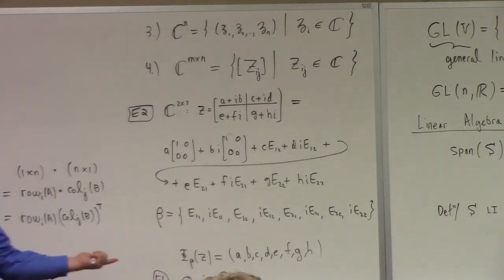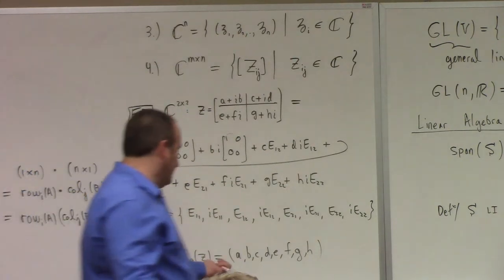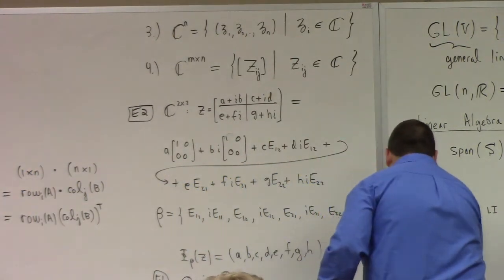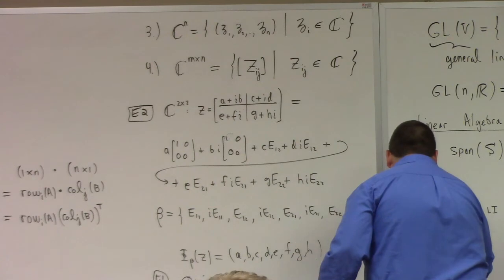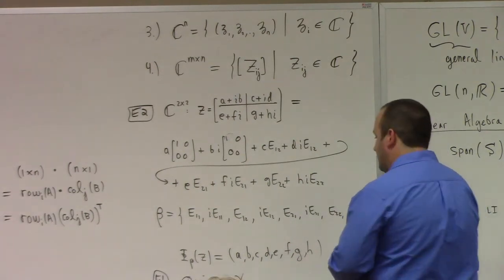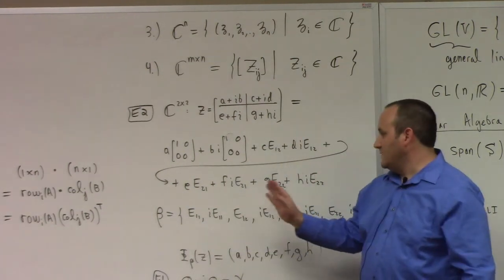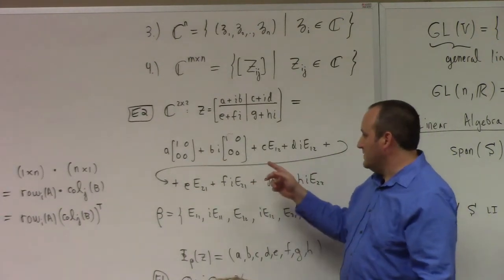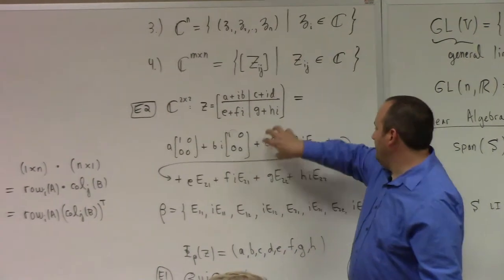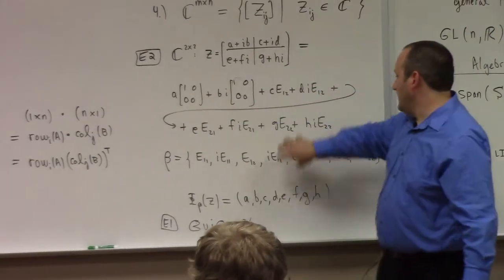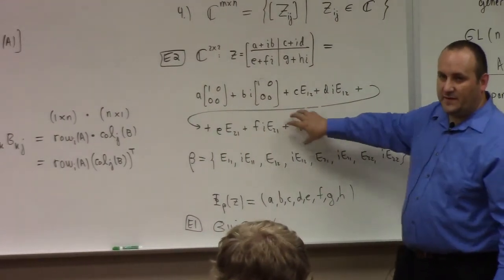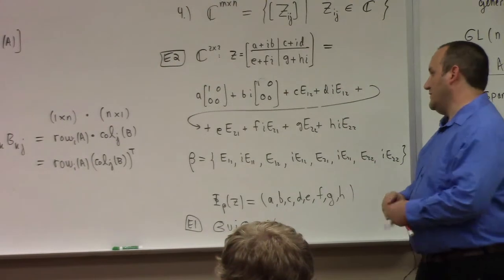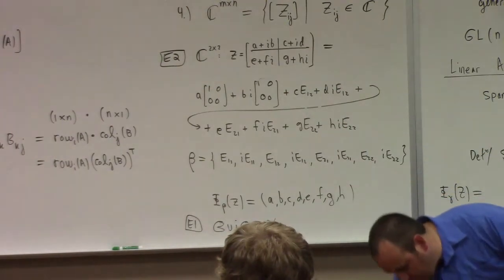With respect to this gamma basis, what would the coordinate vector of Z be? What it says is I take this term, this term, this term, and this term first, and then I put all the i multiples last.